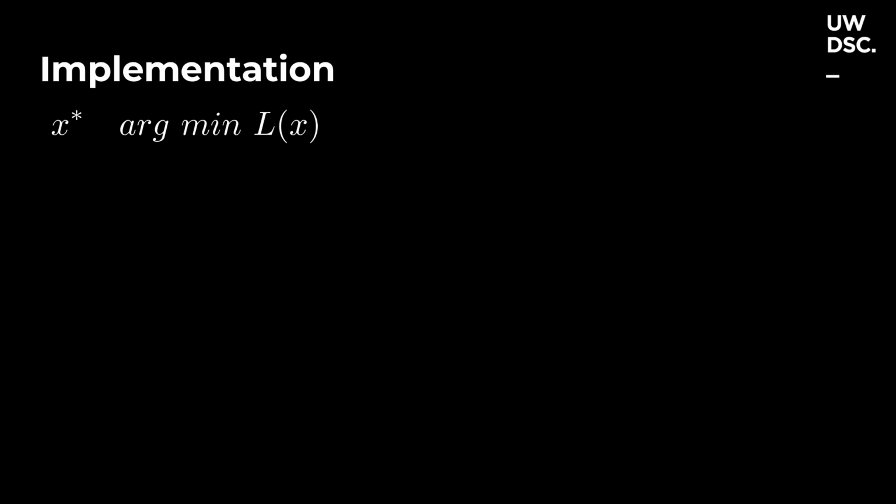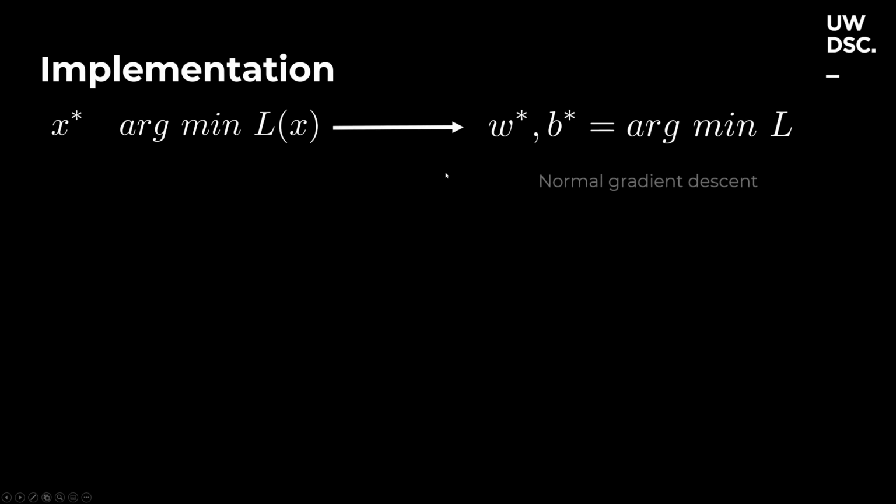It is basically the old-fashioned gradient descent, where we solve for W weight, and B stands for bias in this optimization problem. But in this case, we're solving for X, which is the input, not the weights and the biases. And this is just a normal gradient descent.